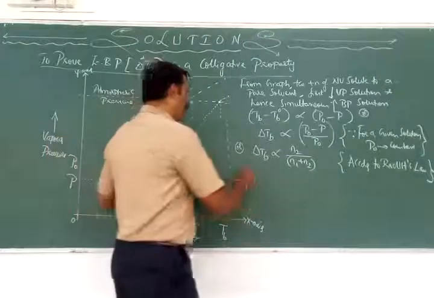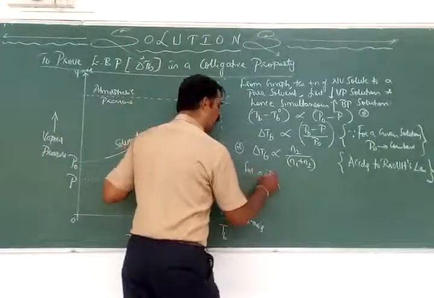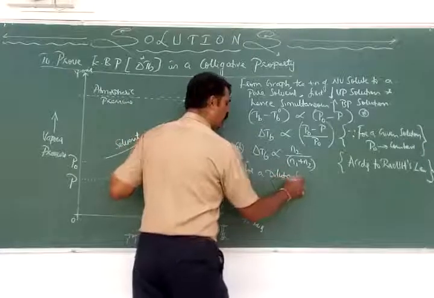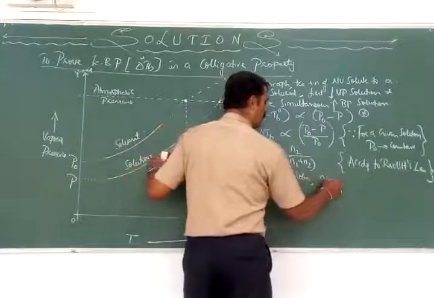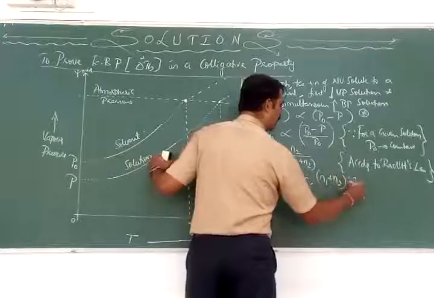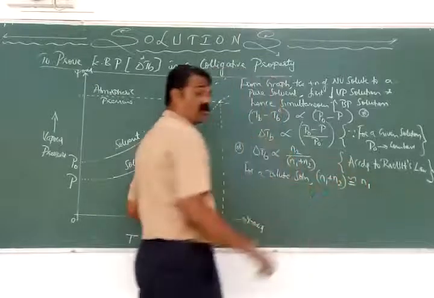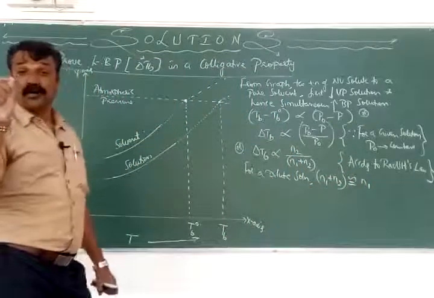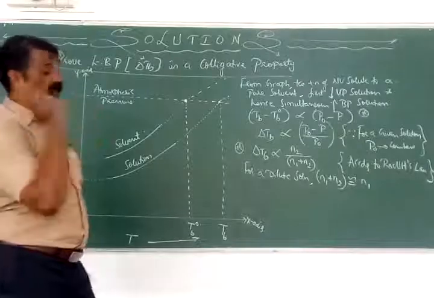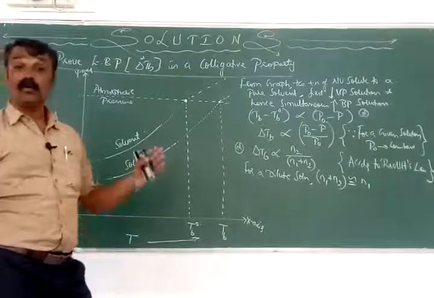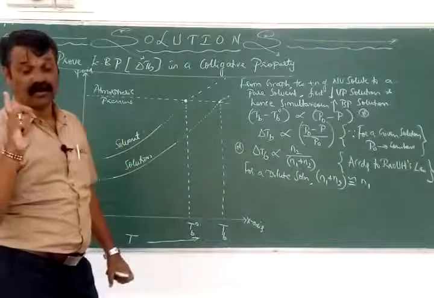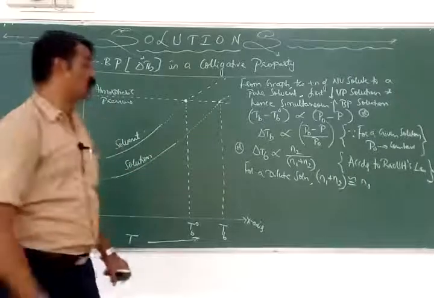For a dilute solution, can I mention N1 plus N2 is nearly equal to N1? Why? Because the amount of solute is very small, negligible compared to the amount of solvent, since it is a dilute solution.